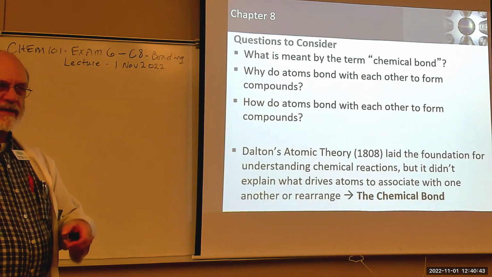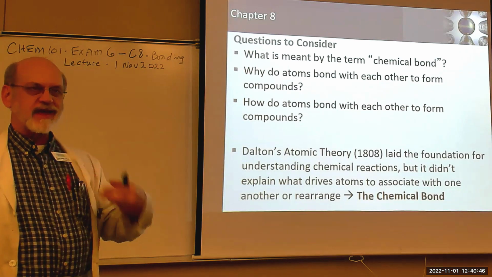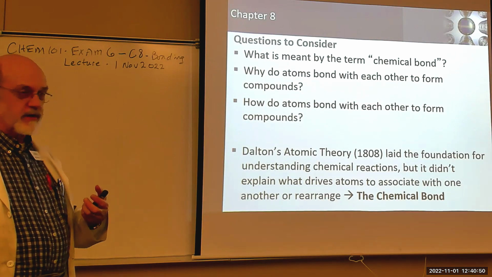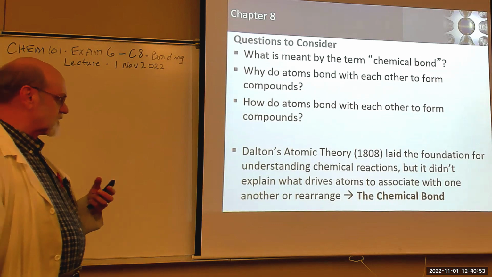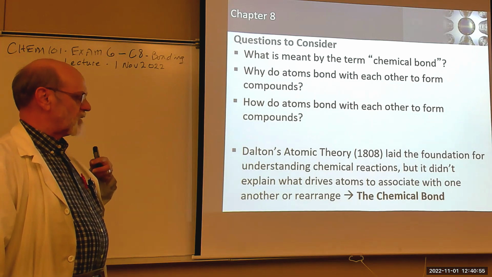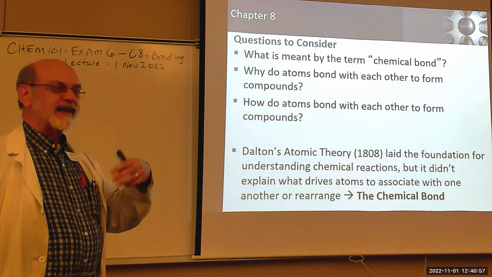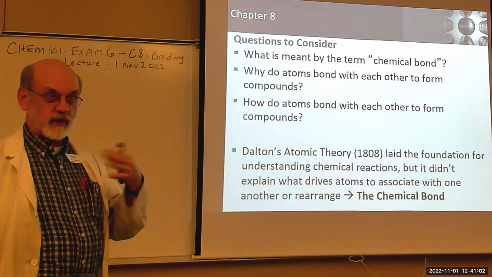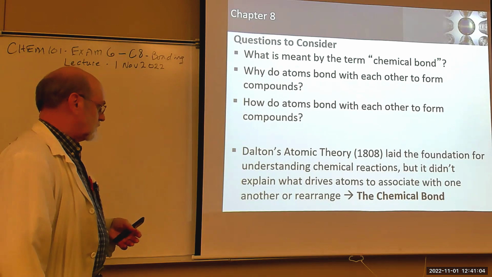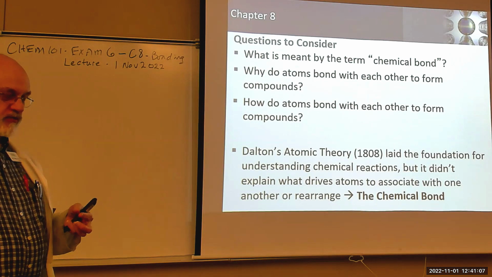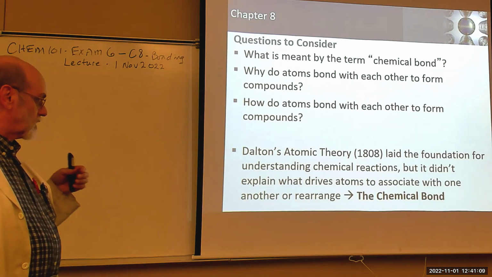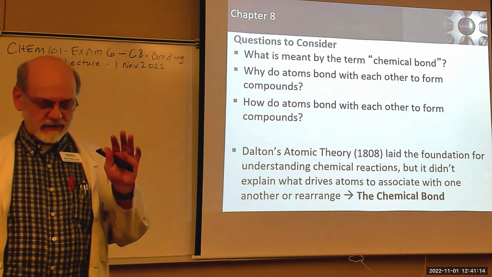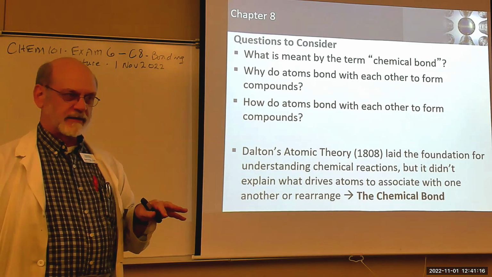We got our first big theoretical kick to understanding bonding with Dalton's atomic theory. It really just laid the foundations for understanding why chemicals react with one another. But it didn't explain the true driving force for why atoms associate with one another and rearrange. It didn't address the problem of chemical bonding.